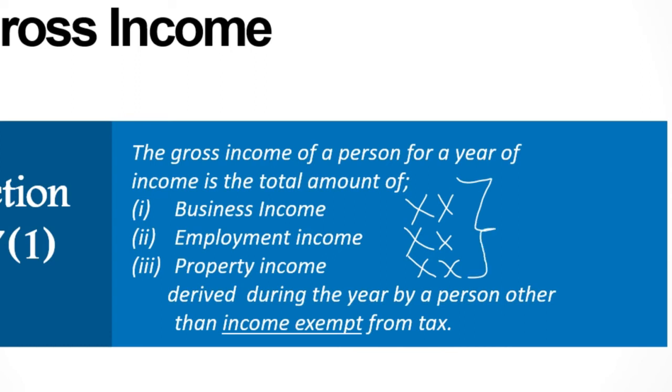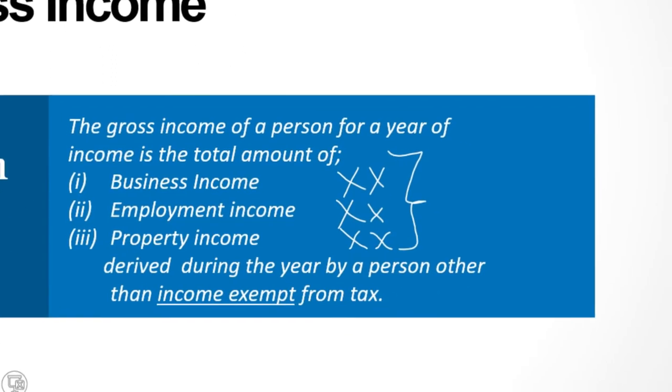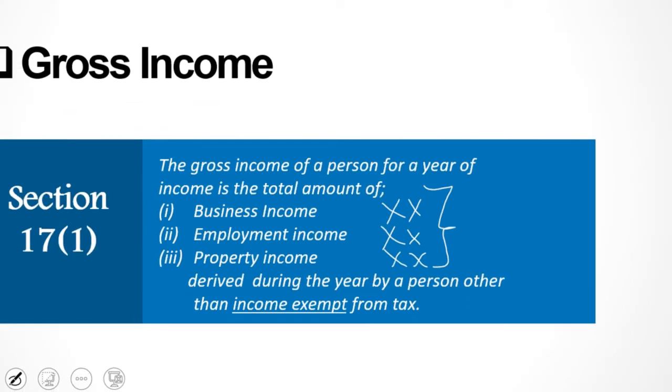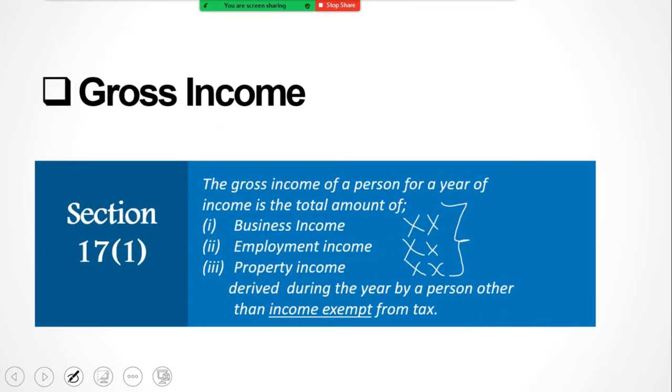So according to Section 17 of the Income Tax Act, when we talk about gross income, we are talking about the total of your business income. If you have a business, the income coming from the business forms part of your gross income.